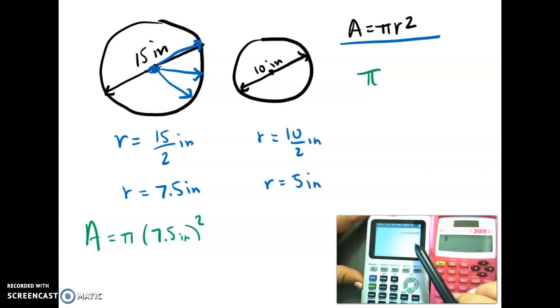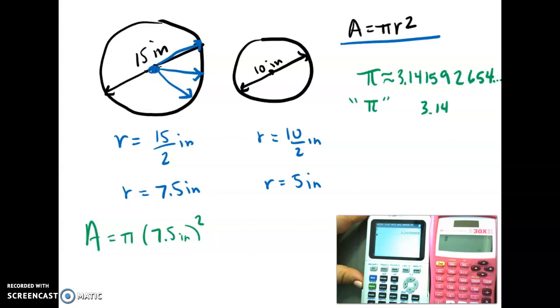So this is pi. Now pi is a number that is irrational, meaning it continues on forever. And if you read about it, you'll see that they've found it to so many decimal places, but it never ends. So, my calculator screen displays this. It's best to use the actual pi button on the calculator than to use 3.14, because 3.14 actually rounds this and you lose all those decimals when you're doing the problem.